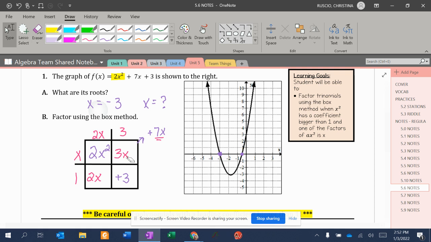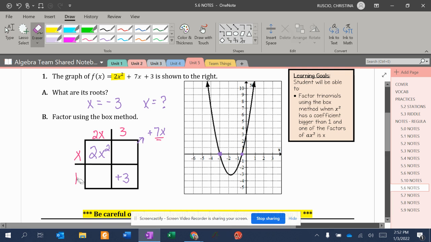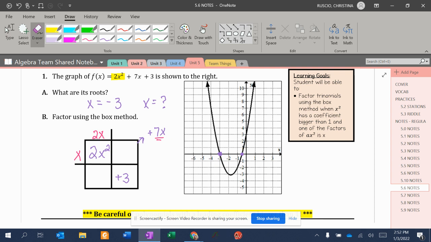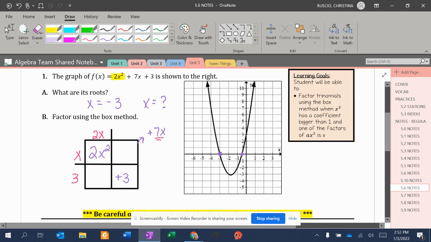So what this just told me is that some of you might think that the numbers are not 1 and 3, but they have to be 1 and 3. The trick here with questions like these is that you can flip around the numbers and put the 3 here and the 1 here, because this 2x term can change what happens in this box down here, which is different than what we talked about yesterday.